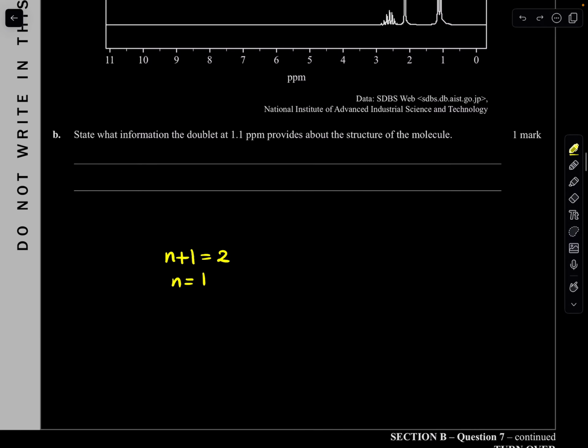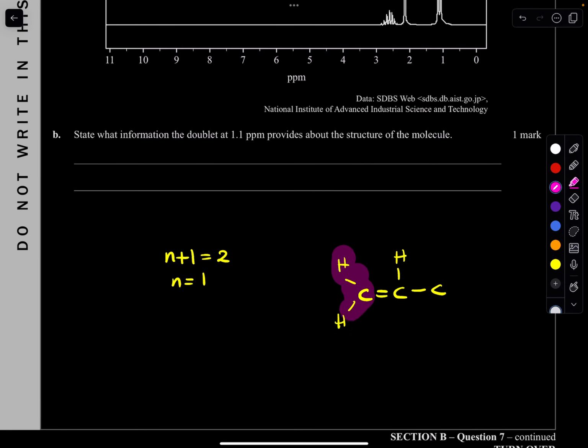Let's think of a molecule. Let's say we have a molecule that looks like this, and this is H, this is H, this is an H here. Say this one's creating that doublet. What this formula tells me is that n equals 1.